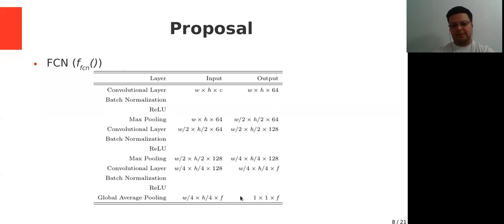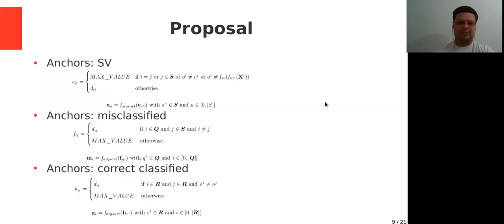So if you take a look here, after the global average pooling, we don't have any more the information about the width and height of the image, and we have only the mean of the entire image, the activation map mean for each combination of convolutional layers.